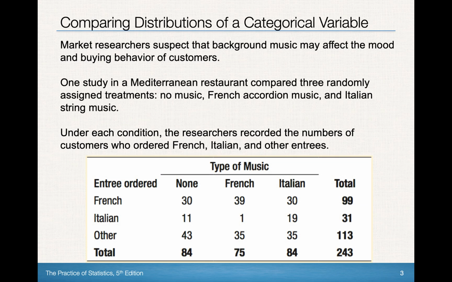So here is the example that we're going to be using a lot. Right now, I would like you to take out your calculator and input this into a matrix before we get started, because we are going to be using matrices for this chi-square test. To do that, go into matrix, which is the blue letters above the x to the negative 1 on your calculator.